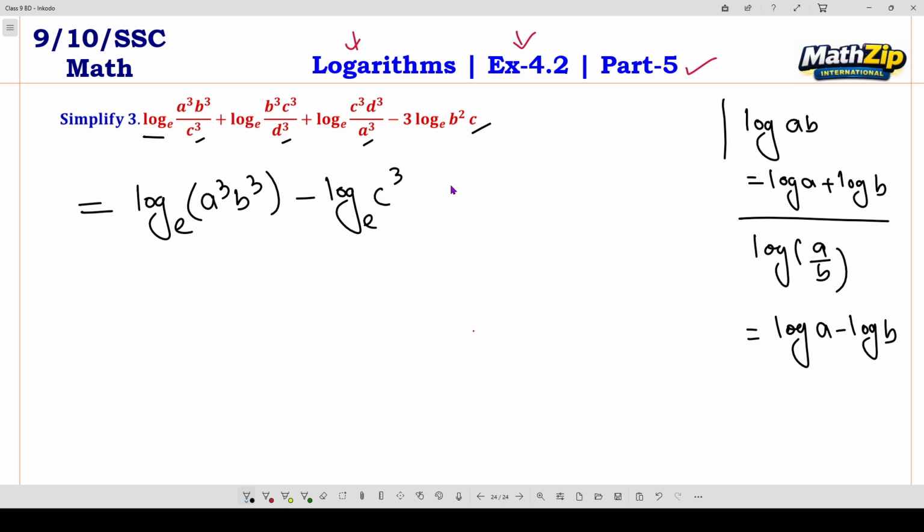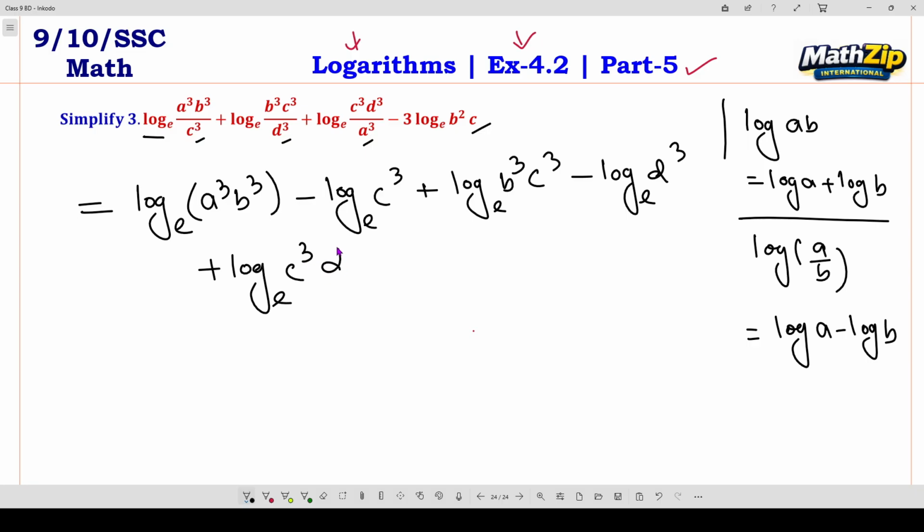The same thing will happen in the next term. It means log base e of b cube c cube minus log base e of d cube. The same thing for the third term also: plus log base e of c cube d cube and then minus log base e of a cube.